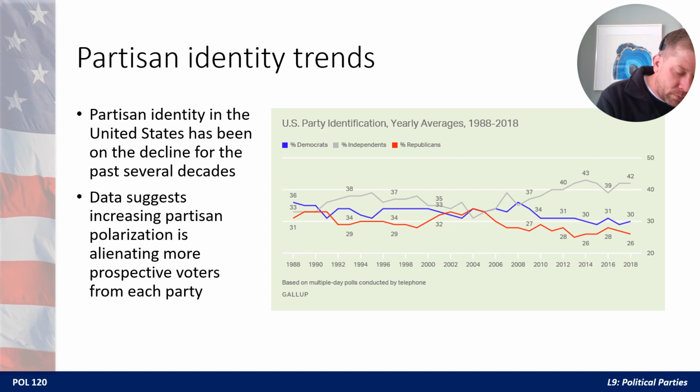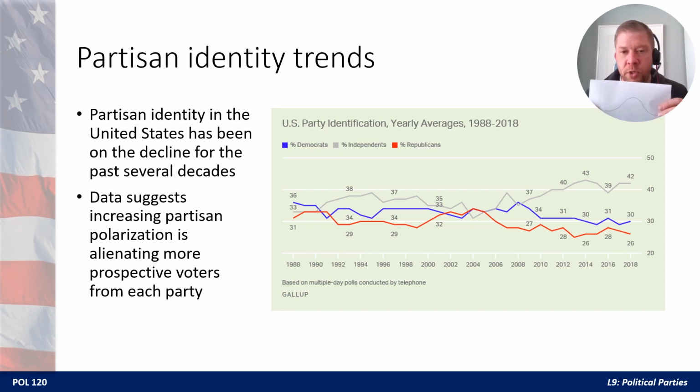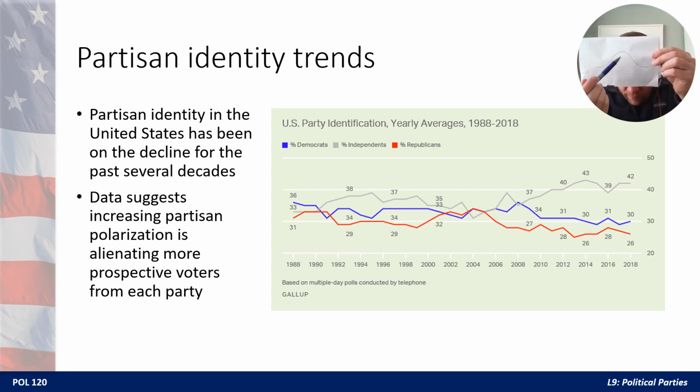A normal distribution curve looks like this, where most voters are here in the center. We would call them moderates. Most Americans are pretty moderate. On the extreme ends, you get fewer people. We'll say this is extreme ideological conservative, and extreme ideological liberal on this end, and there are fewer people here.